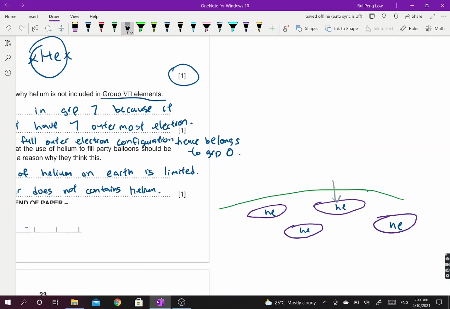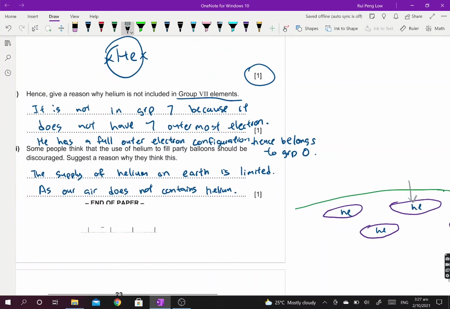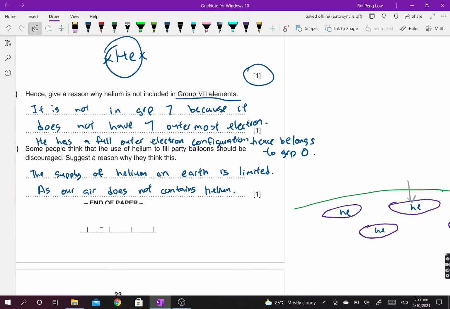And once you store it in the tank, then you will use it as and when you like. But the moment you release it, it will escape out of our Earth's atmosphere and go to outer space, and it doesn't come back. And this is the reason why party balloons are quite wasteful, so to speak, because every time you release the helium, it goes out to outer space for good.